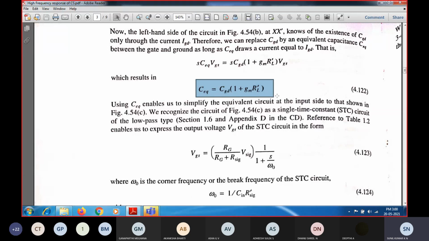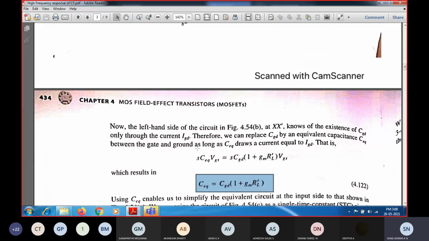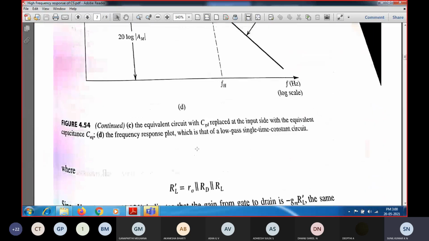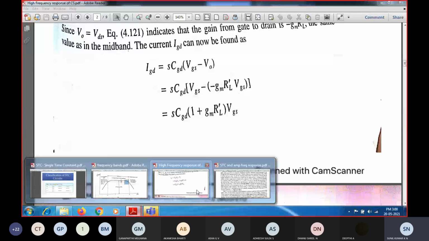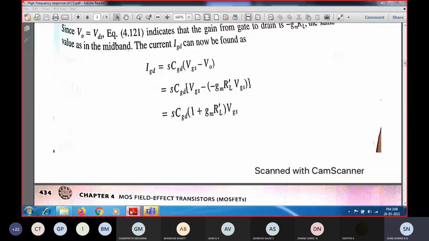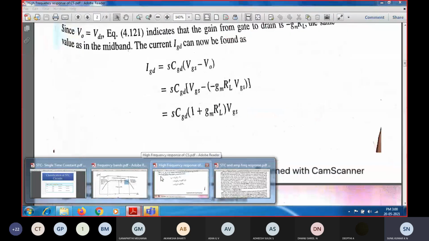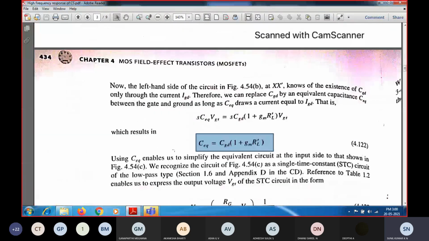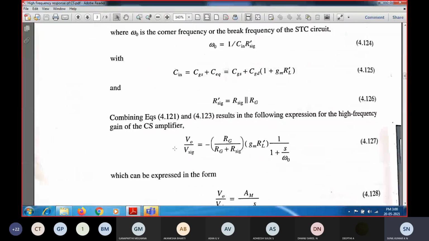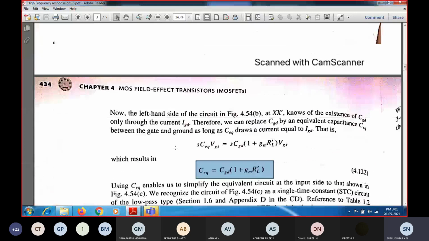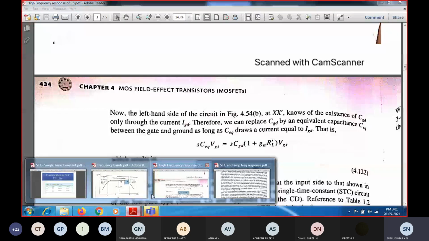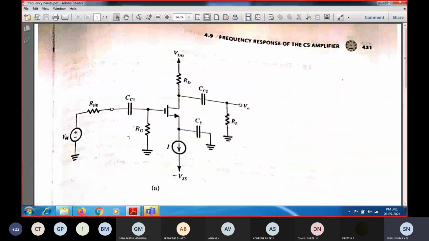Okay. So VGS will be equal to what? By looking at the figure, I have to recall the circuit. You can see in this circuit, VGS is the voltage across this point.